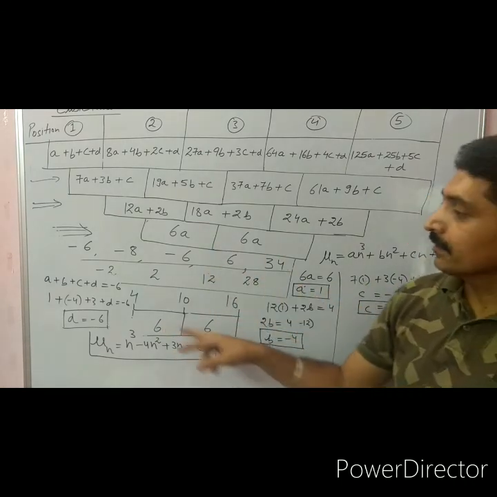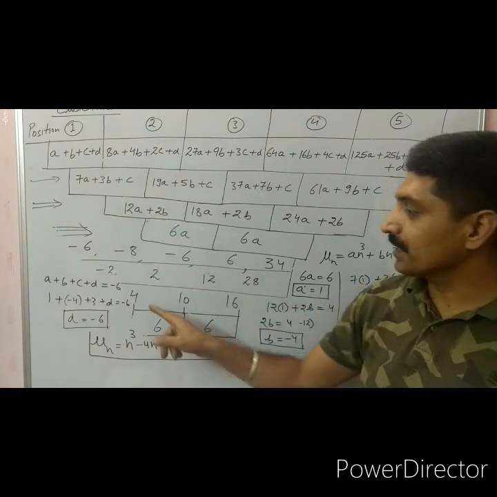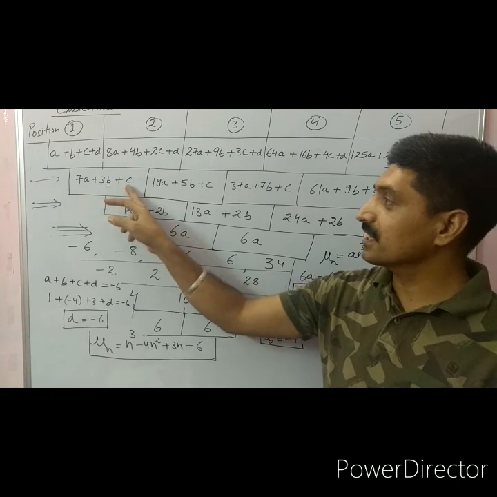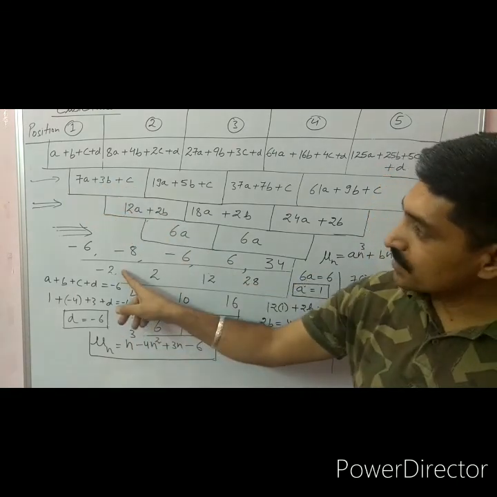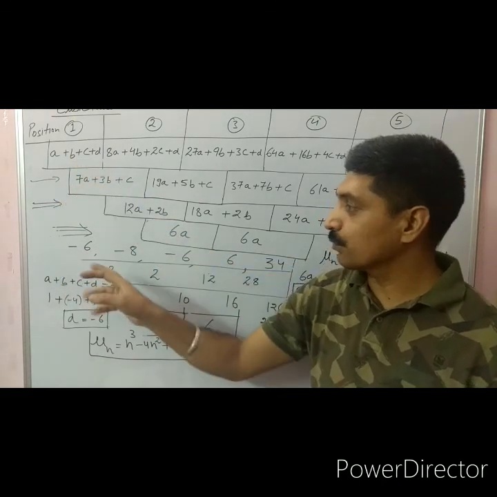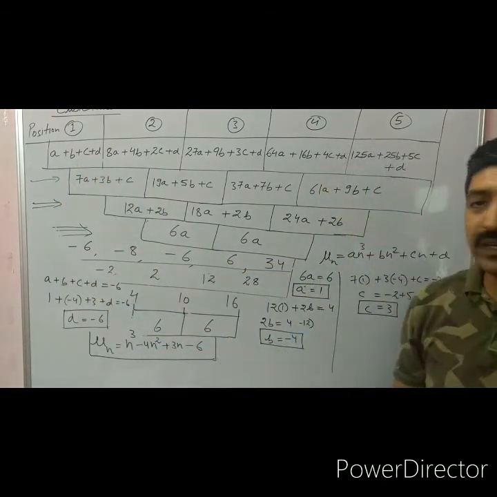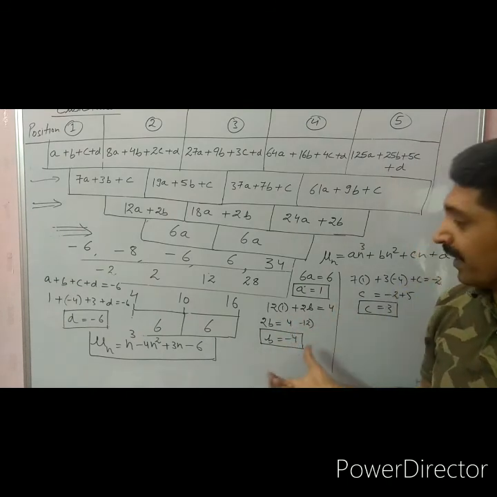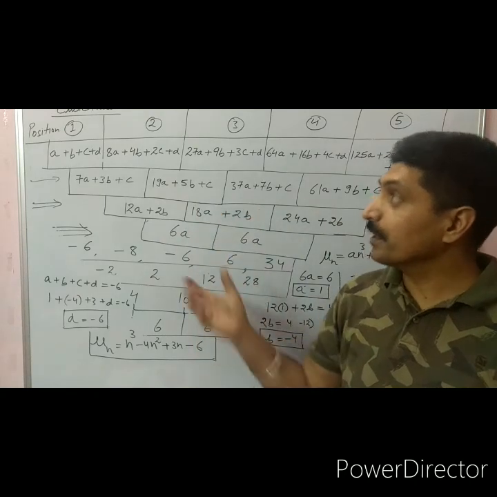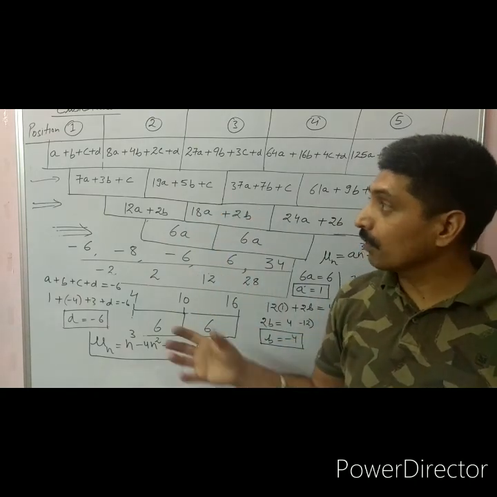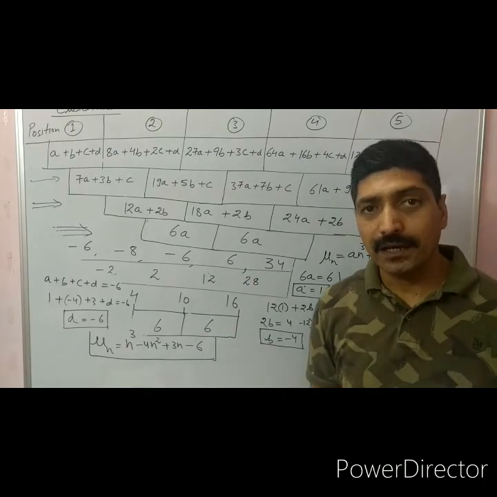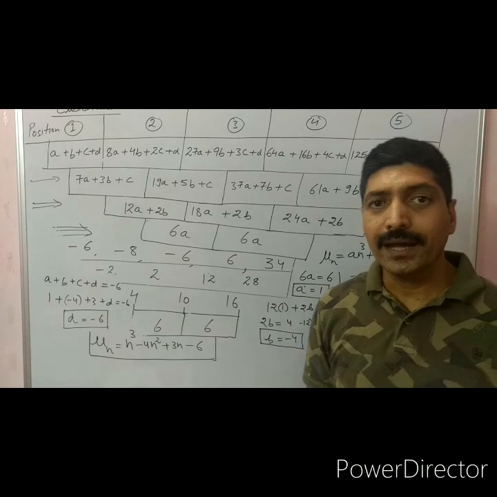Then 12a plus 2b is equal to 4, and then 7a plus 3b plus c is equal to minus 2, and the final a plus b plus c plus d is equal to minus 6. By substituting the values, we can find the rule. So this is the cubic rule to solve these complex sequences, to find the general term or the nth term of the sequence.